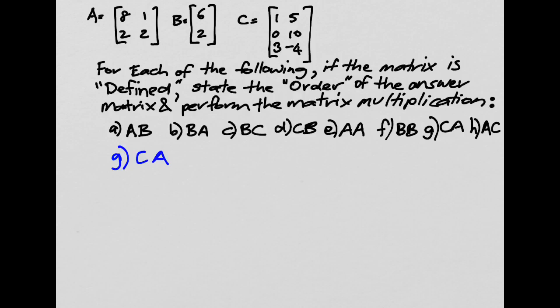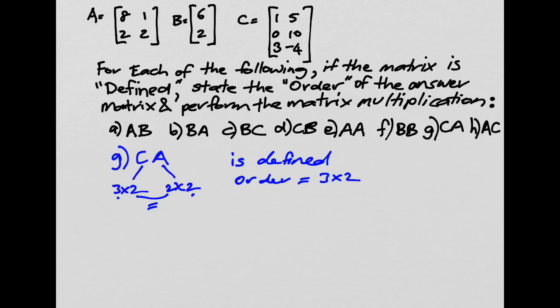Now looking at item G, so C times A. C, as we worked out before, was a 3 by 2. A is a 2 by 2. So straight away you see the middle numbers are equal, so it is defined. And it'll be a 3 by 2 matrix, so order equals 3 by 2.